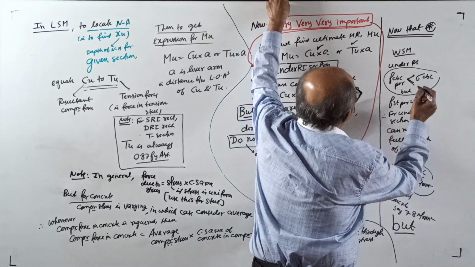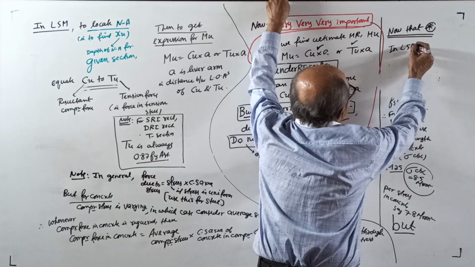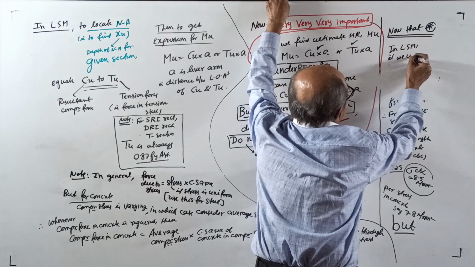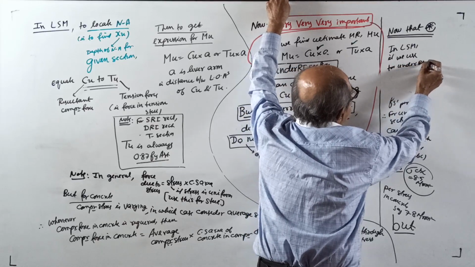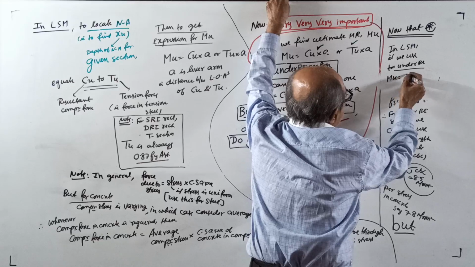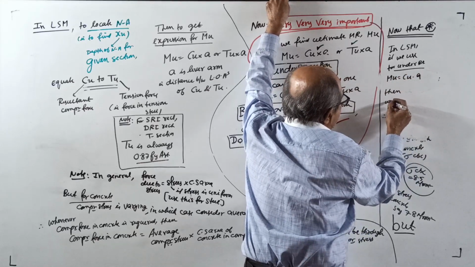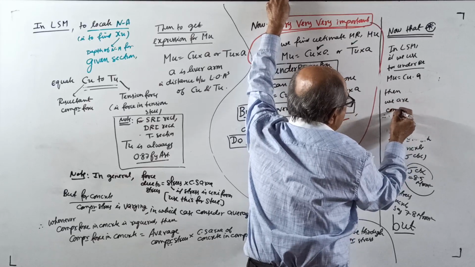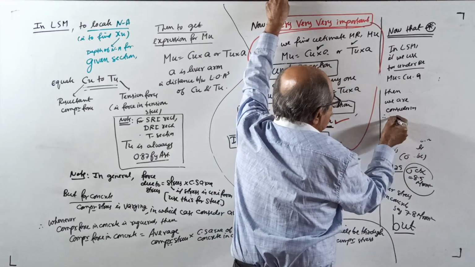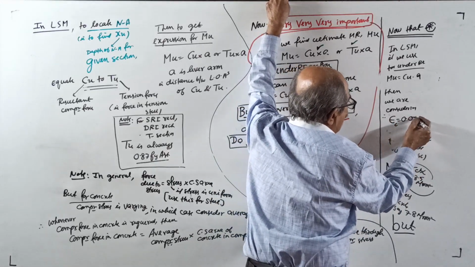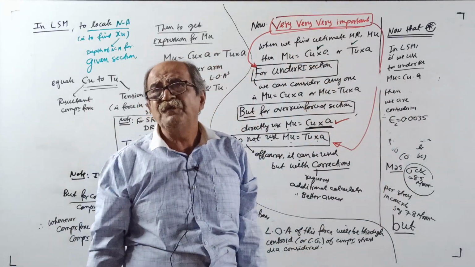In limit state method, for an under reinforced section, if we use Mu equal to Cu into a, then we are considering full strain in concrete, epsilon C equal to 0.0035.